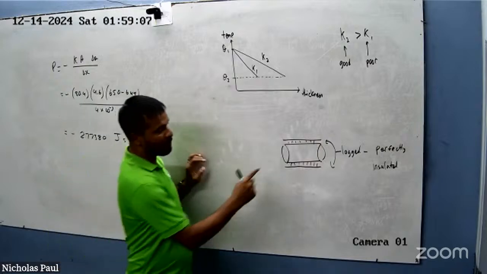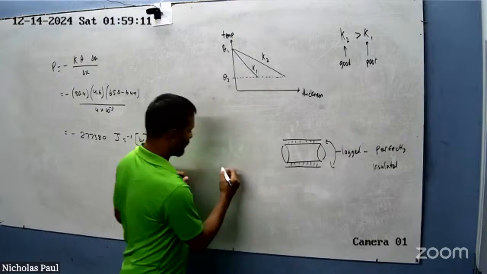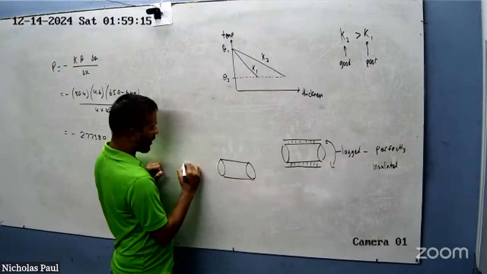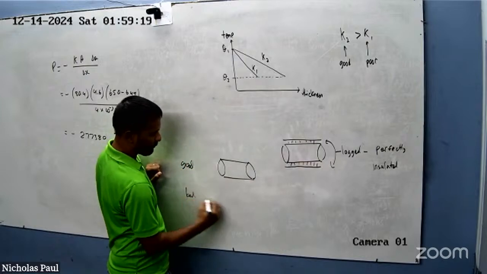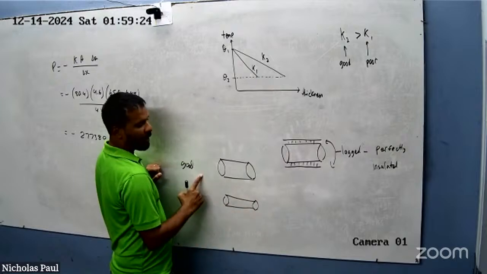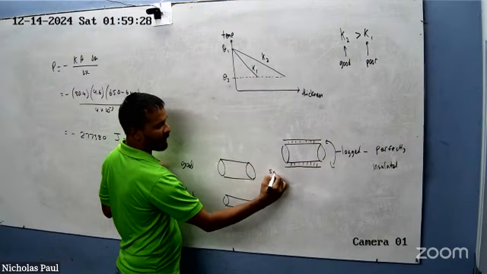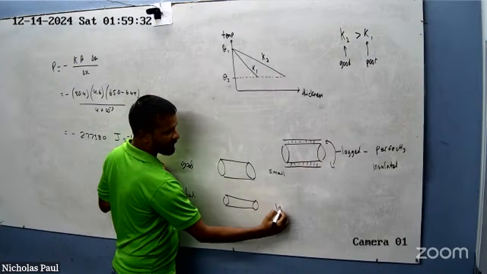Let's do both of them: good conductor, bad conductor. A good conductor has a small temperature gradient. The bad conductor has a large temperature gradient.